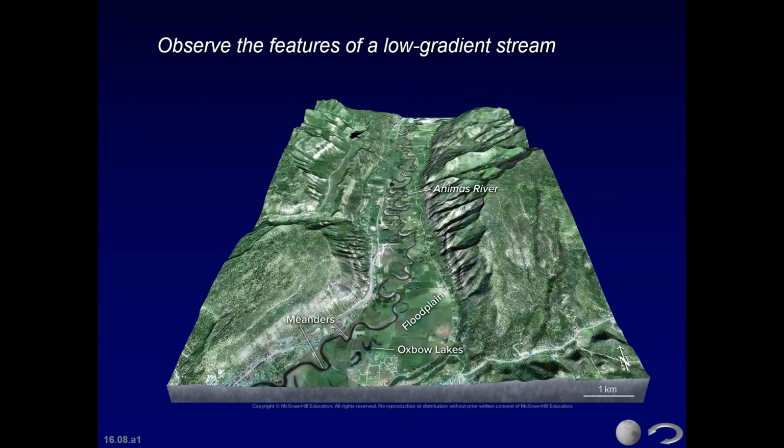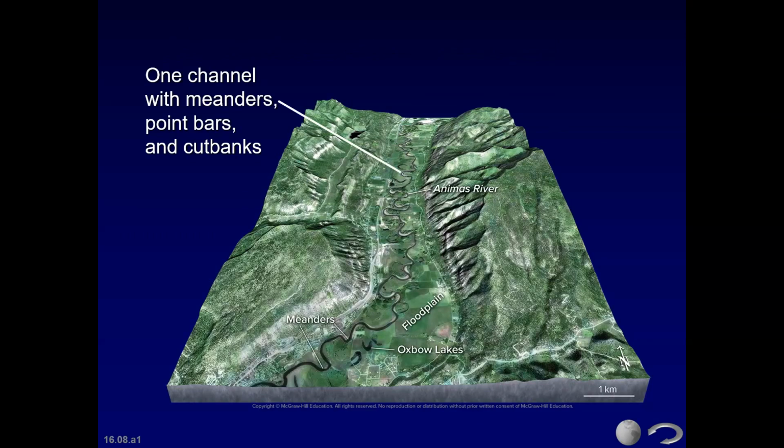And with that, we'll look at a low gradient stream. Unlike the braided stream, we're seeing a low gradient here. In this case, we have one main channel that has meanders, point bars, and cut banks. There's also a floodplain with a gentle gradient, flooded only by high flows.